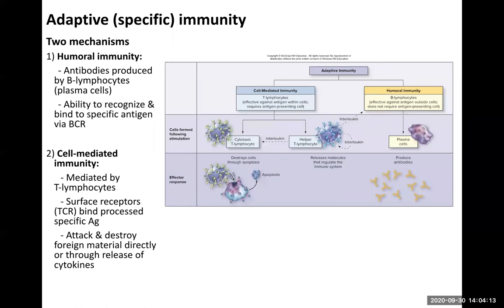The B cell receptor is essentially just an antibody that is stuck on the surface of a B cell. As such, B cells are able to become activated by free antigen, because antibodies are able to recognize free antigen.